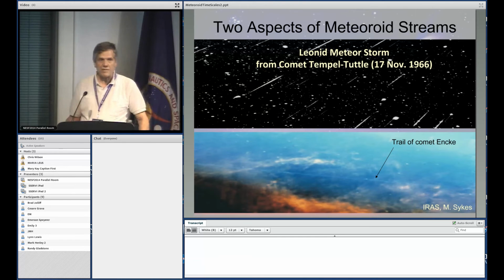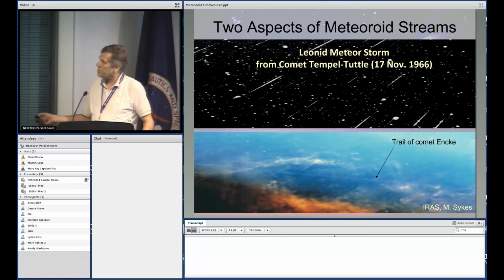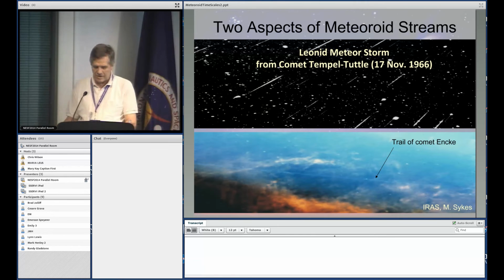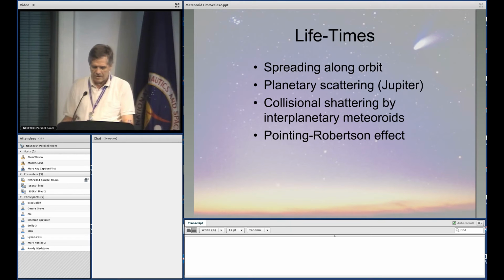And in recent observations by Bill Reach with the Spitzer instrument, he found that 80% of the Jupiter family comets or short-period comets he looked at have trails like this. So there are a lot of meteor streams crisscrossing space, and we better know how they are distributed and what their lifetimes are.